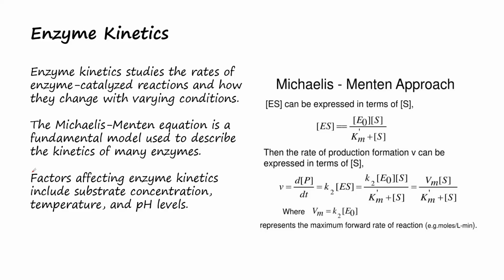For example, in 1 minute, how much of the substrate will be converted into product? So enzyme kinetics is trying to tell us the rates, the time in which the substrate can be converted into product. So the Michaelis-Menten equation is a fundamental model used to describe the kinetics of many enzymes.